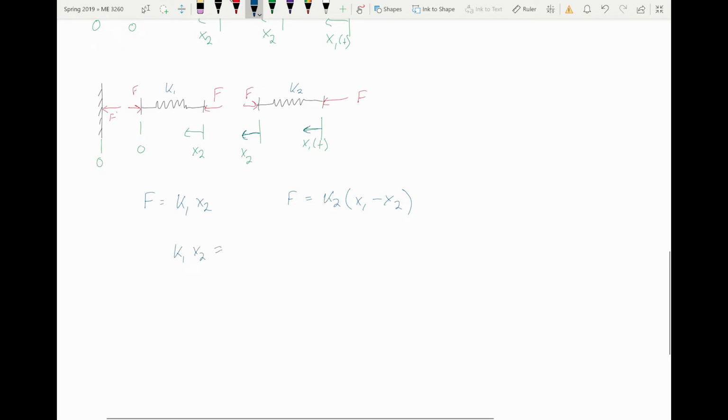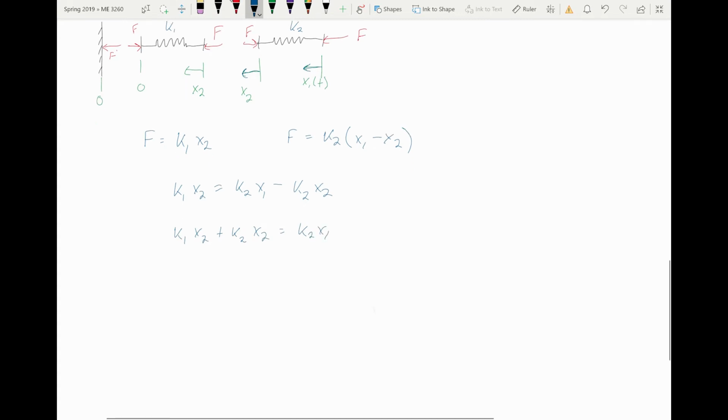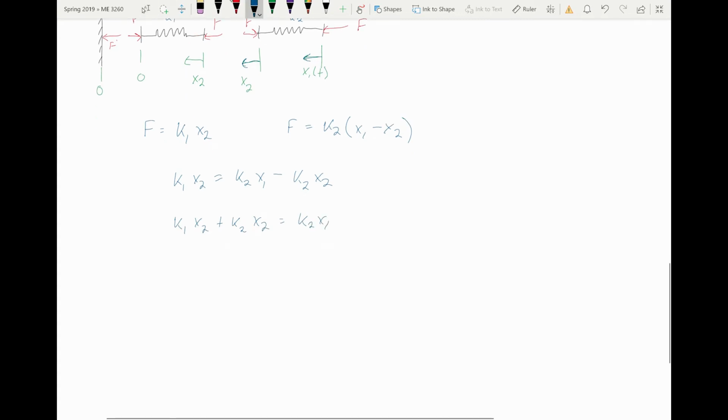So we have K1 X2 is equal to K2 X1 minus K2 X2. I took the liberty to expand that. And then we're going to want to solve and get X2 all on the same side. So add K2 X2 over to the left. So we have K1 X2 plus K2 X2 is equal to K2 X1.